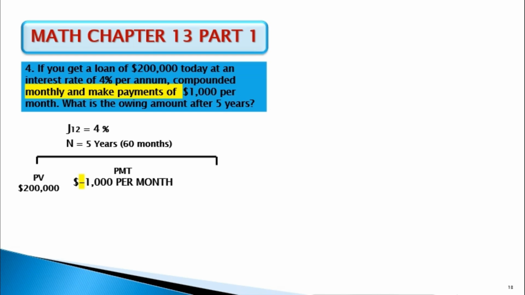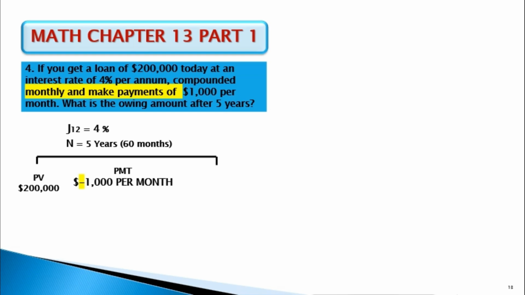The payment that the person is making is going to go in as a negative number because the PV is positive. The person received 200,000. The payment is negative 1,000 because the person is making a payment to the lender, to the bank, of $1,000 per month. So that means he's paying 60 payments of $1,000 per month.